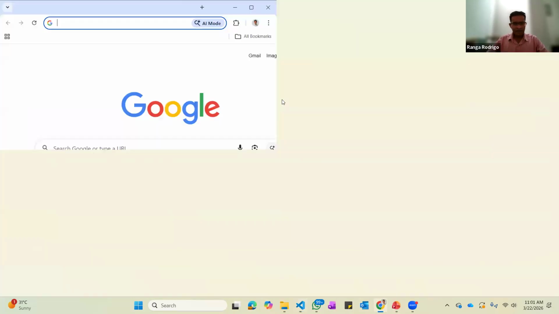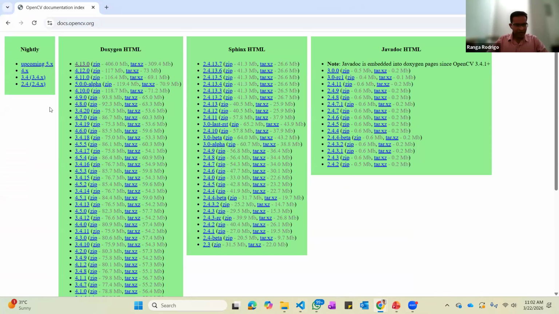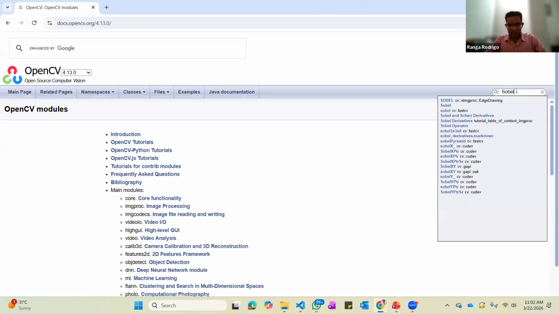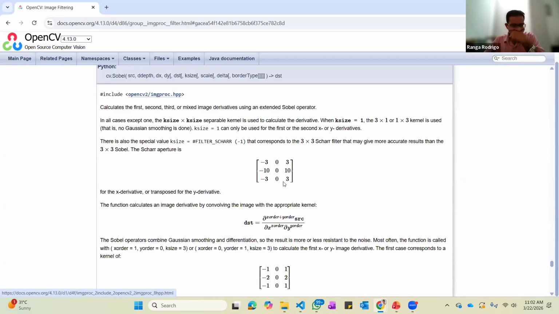Let's try that. So docs.opencv.org, you can go to some of those docs and type Sobel here. Sobel filter, dx, dy.